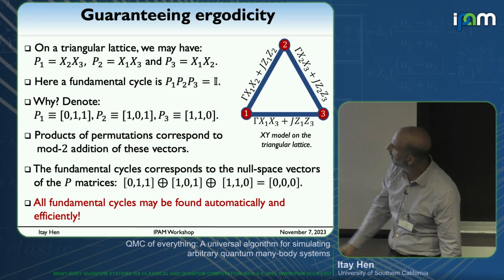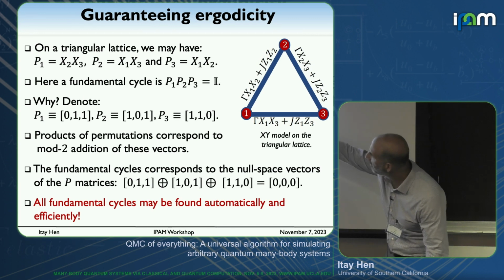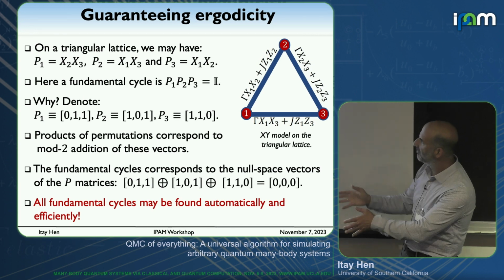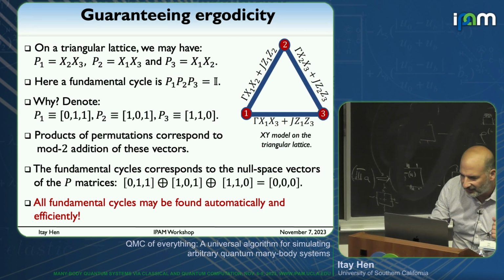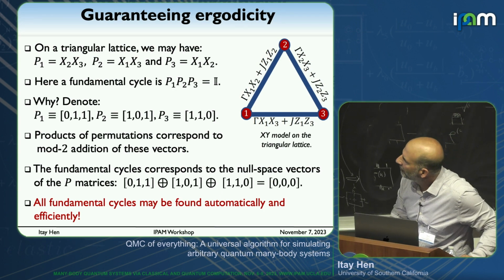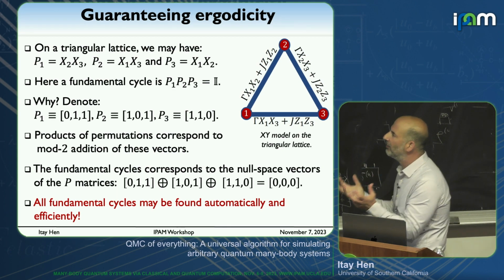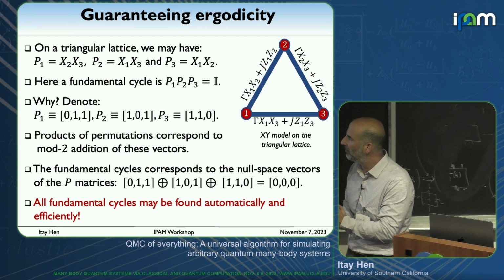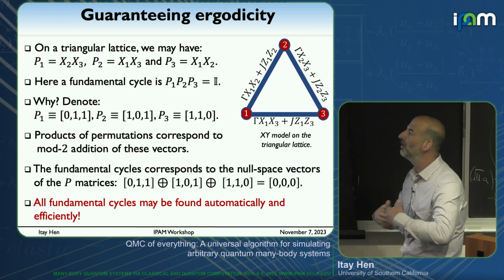You will notice that P1 times P2 times P3, X1 X2 times X2 X3 times X1 X3, is the identity. And so we need to make sure that we find all of those cycles, or what we call fundamental cycles, and that we know how to generate them.